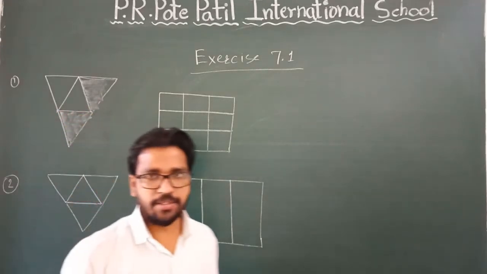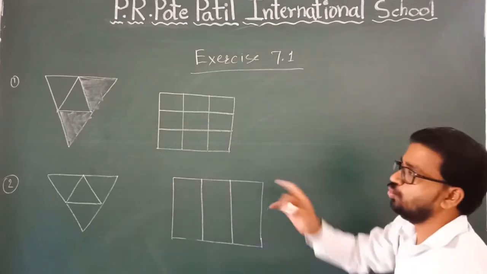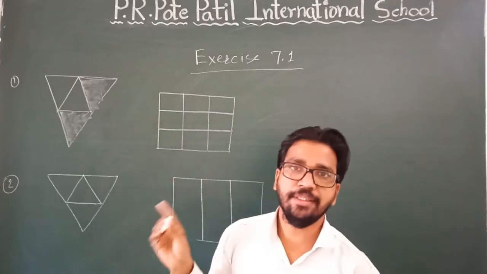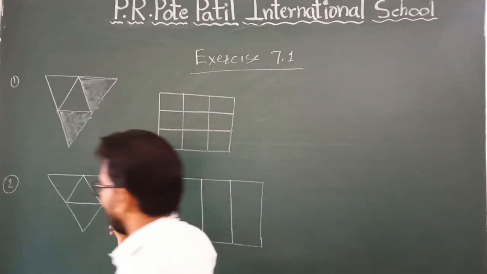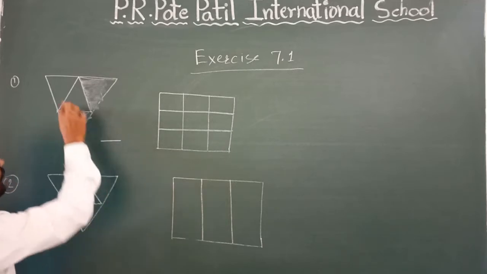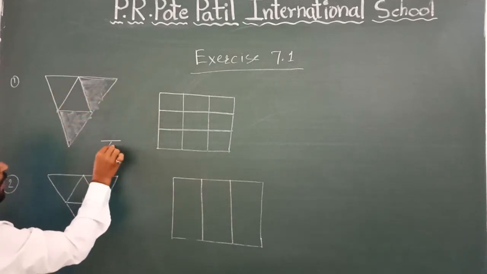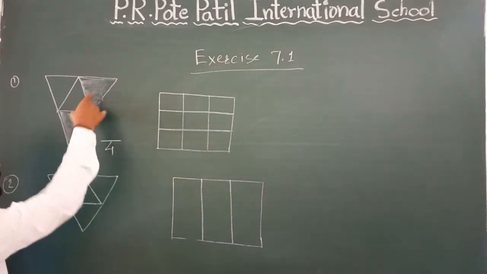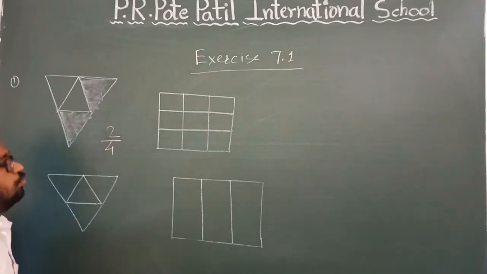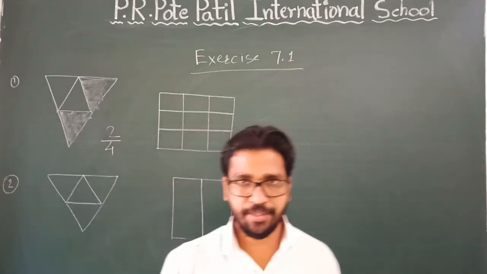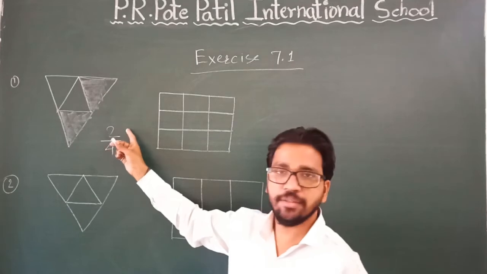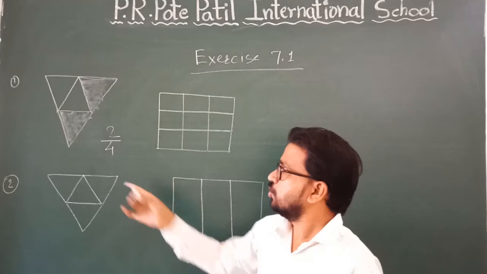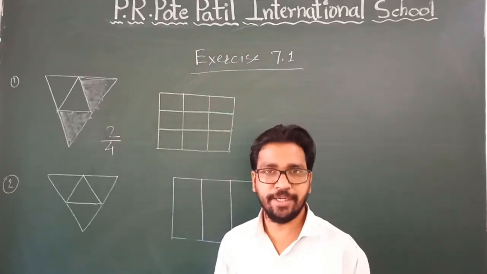To represent it as a fraction, write the total equal parts, 4, at the denominator. And 2 parts are shaded, so we write 2 at the numerator. Numerator means above and denominator is below. So 2/4 part is shaded.